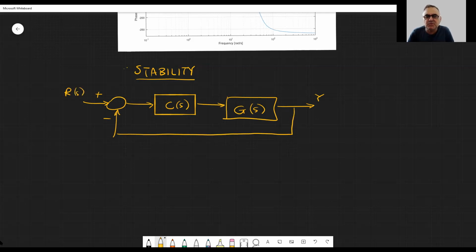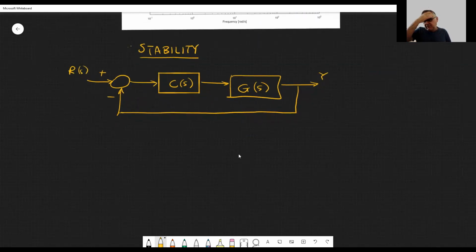There might be a disturbance, but for stability, we are not concerned about that. Negative feedback and so on. Now we want to find a criterion for the stability of this system.